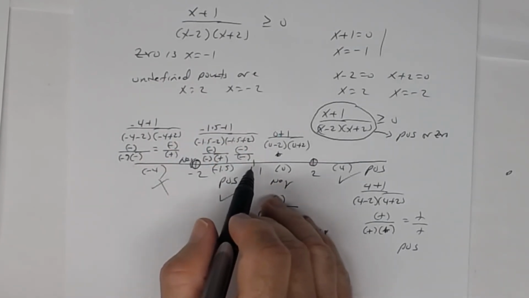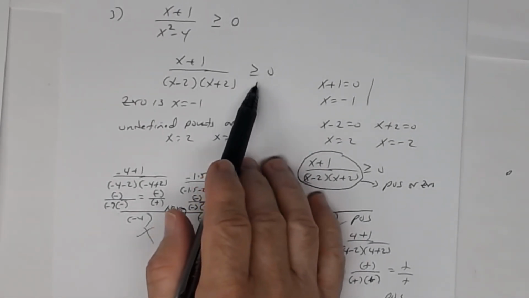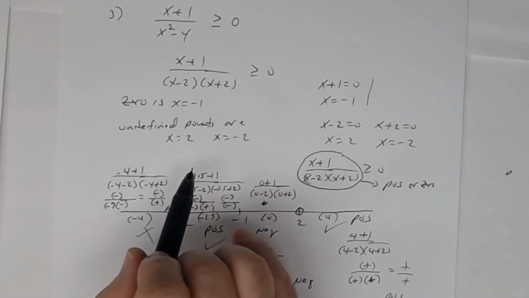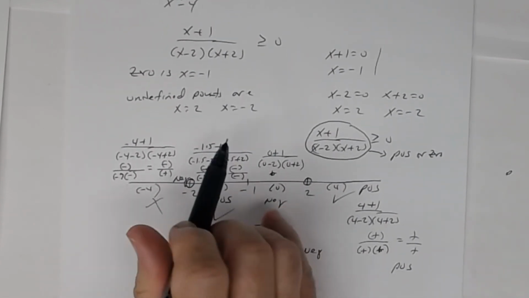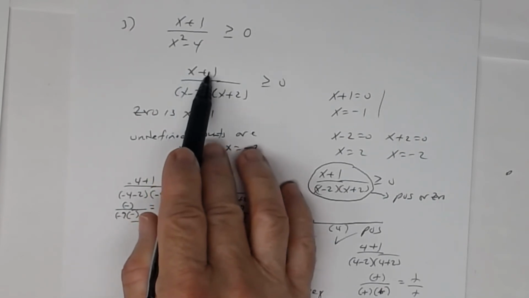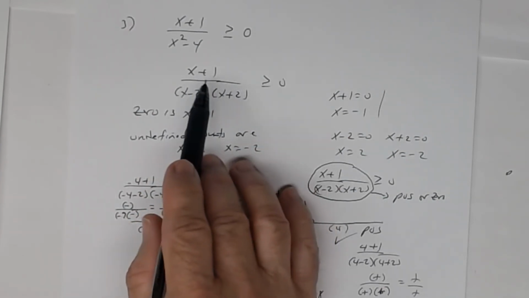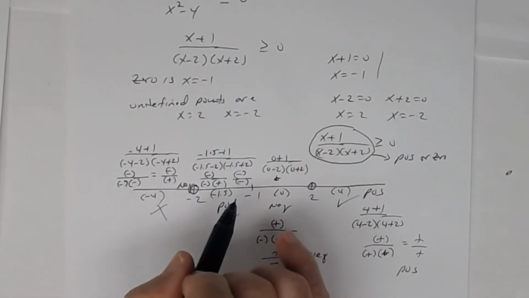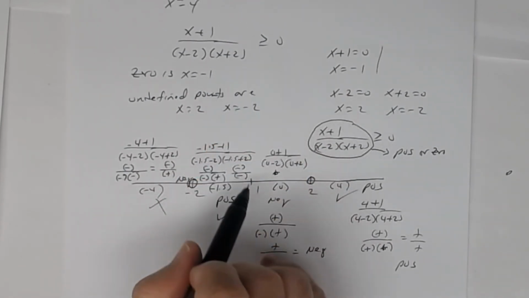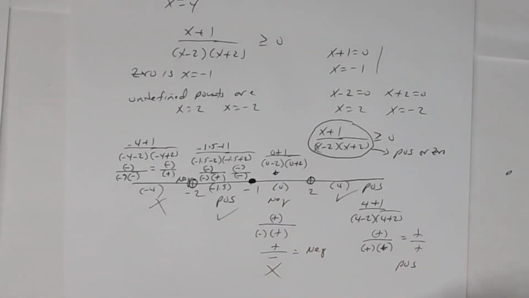So remember, the 0 will be a solution if you see an equal sign. So negative 1 will make, see negative 1, when I substitute, negative 1 plus 1 is 0. 0 divided by whatever the number, this is still 0. So 0 equals 0. So if you see an equal sign, then that 0 is going to be a solution, so you can put a closed circle.